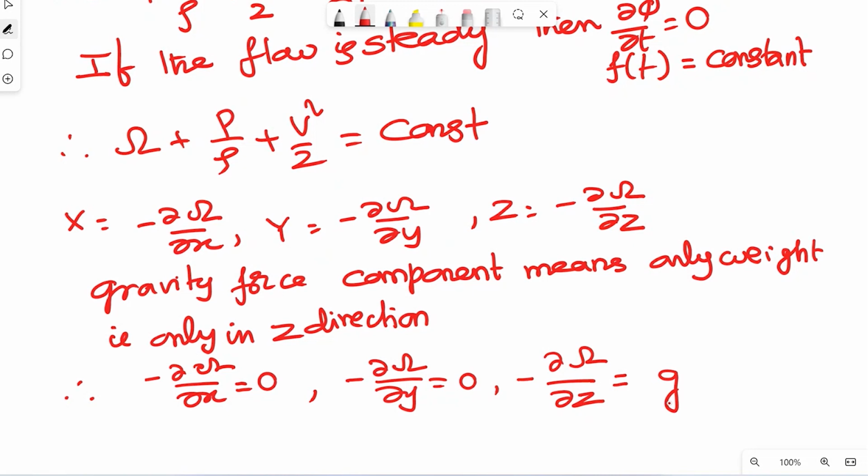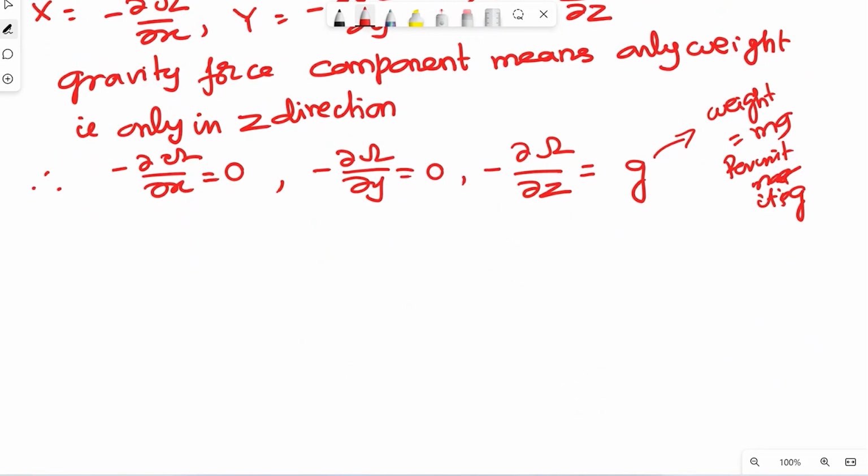So naturally, I have written this because it represents only weight, and weight is equal to mg, and per unit mass, if you are writing, it is g. So finally, minus ∂ψ/∂z is equal to g.